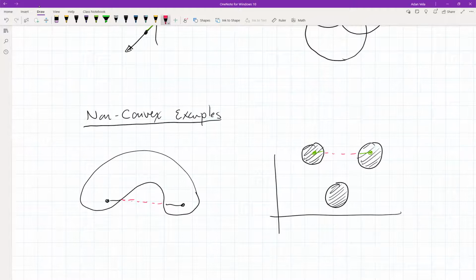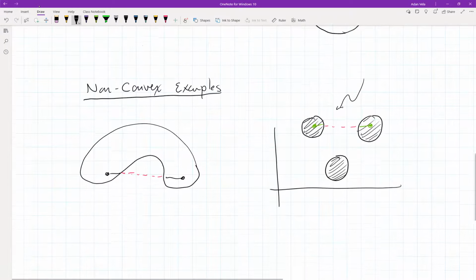So if you have a disjoint set, well, I don't want to say disjoint because technically disjoint could be like right next to each other. But if you have a set where each of your feasible spaces are separated, then that is non-convex, sorry.